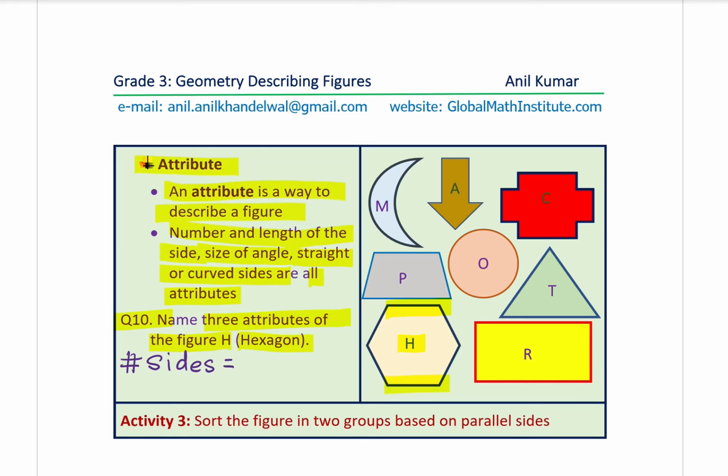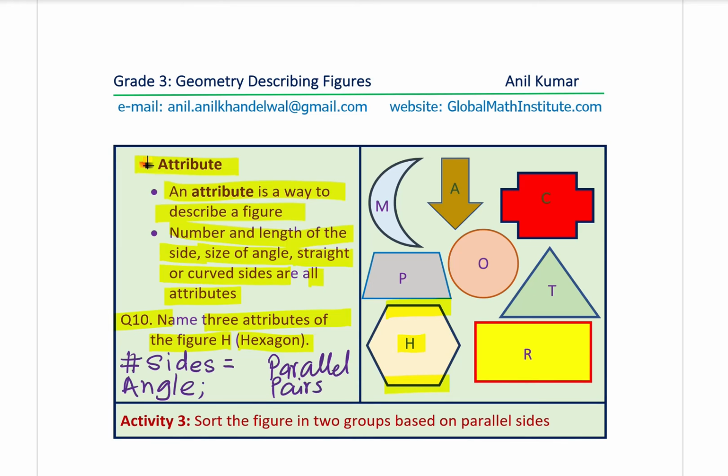You could write this, and then you can also think about angles. Do we have acute or obtuse angles? Well, we have more than 90 degrees here. Angles. And what else? You could also think about parallel sides, right? Parallel pairs.